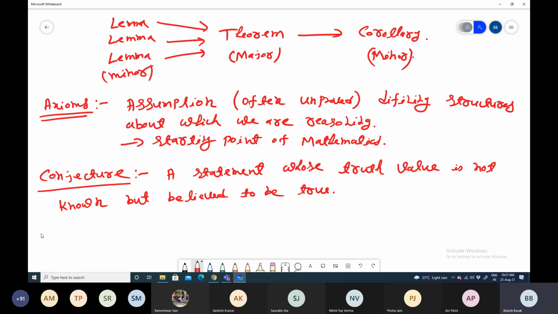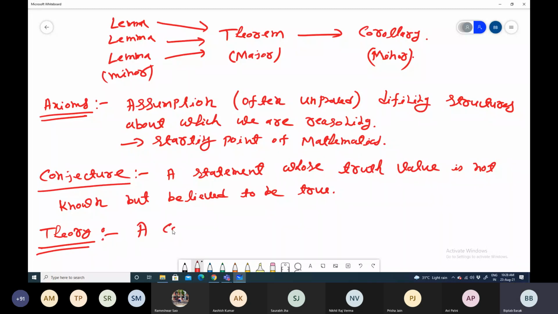And the set of all these major and minor theorems, okay, which can be proved in a given set of axioms, this collection is called a theory. So what is a theory?